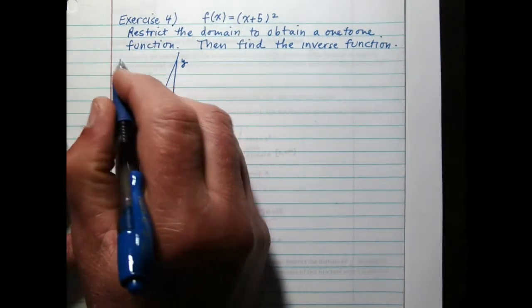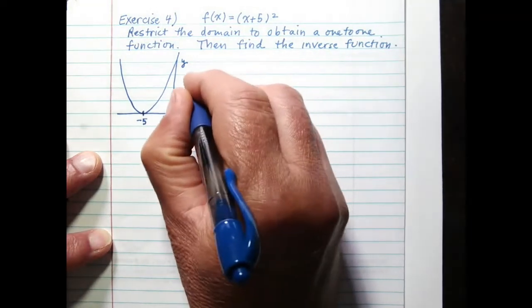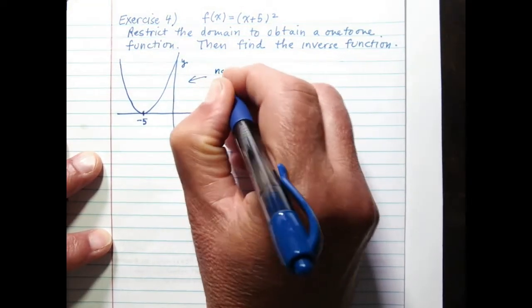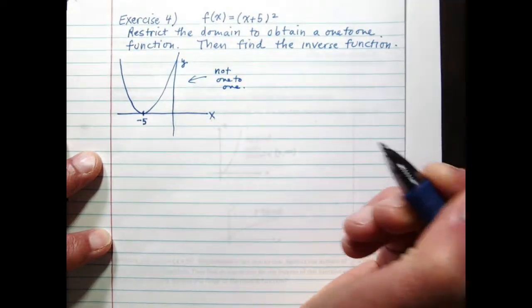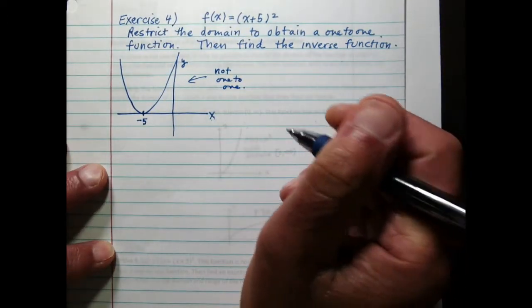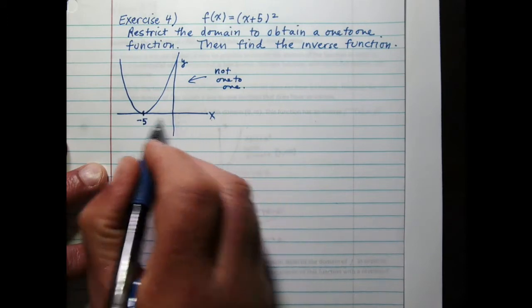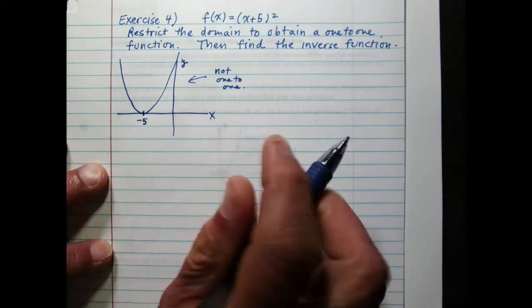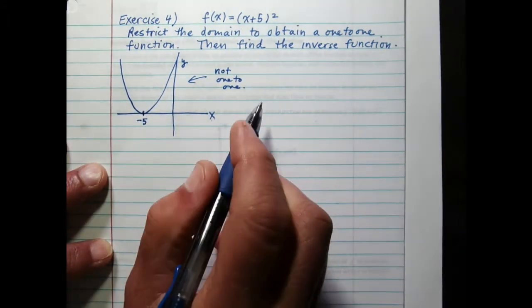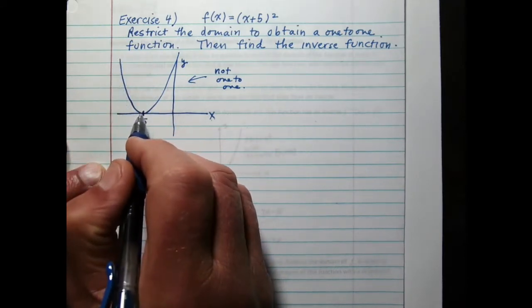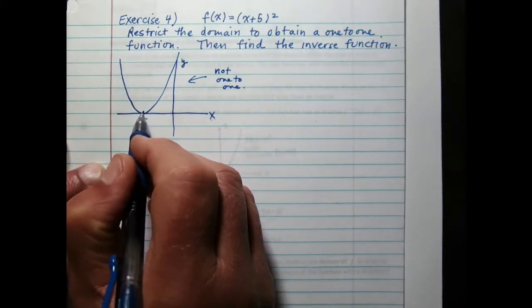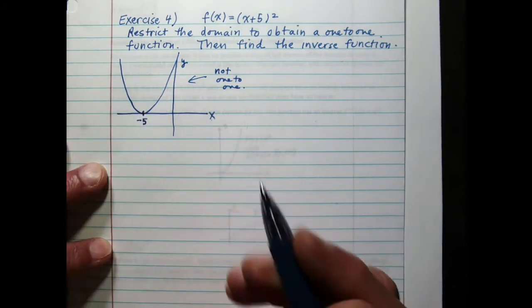Now, this is not a one-to-one function. Not one-to-one. So we can't find an inverse. But what we're going to do is restrict the domain. Now, not like we did in the example we just talked about, because that was a slightly different function. What we want to do is something similar here, but we want to get half a parabola, right?